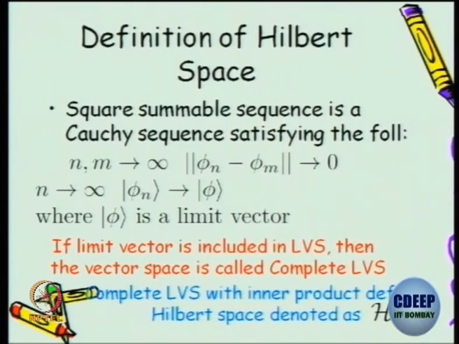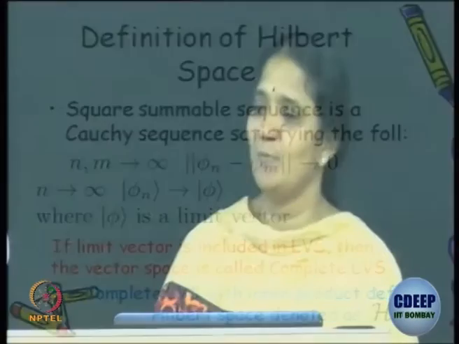When do you call it a Hilbert space? Not all linear vector spaces have an inner product defined. There can be spaces where you don't need to have an inner product. Like if you take the Schrodinger equation, you find solutions, right? Or any arbitrary equation, you find a set of solutions.